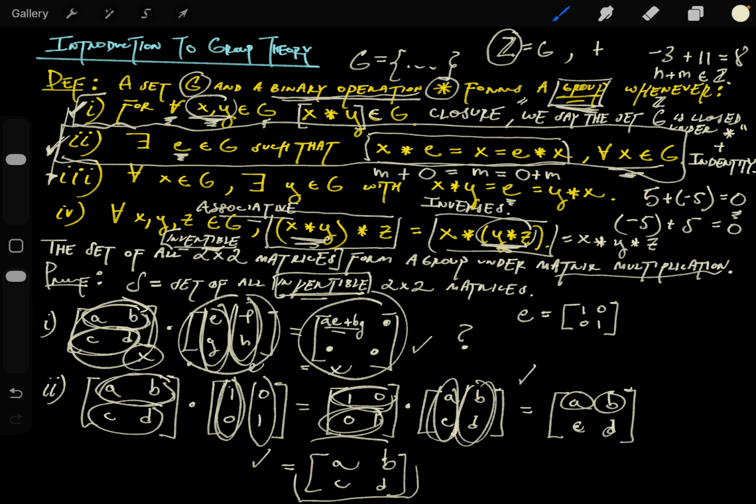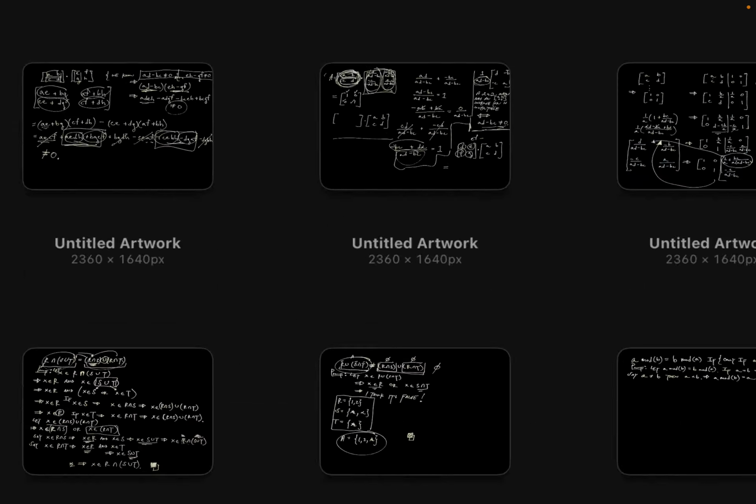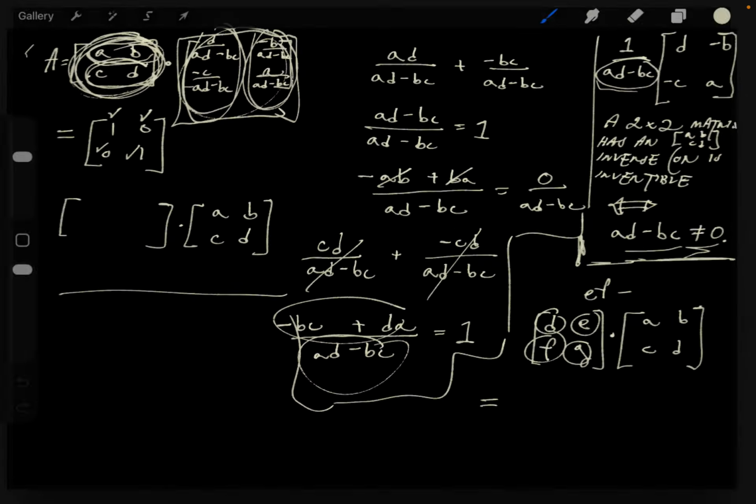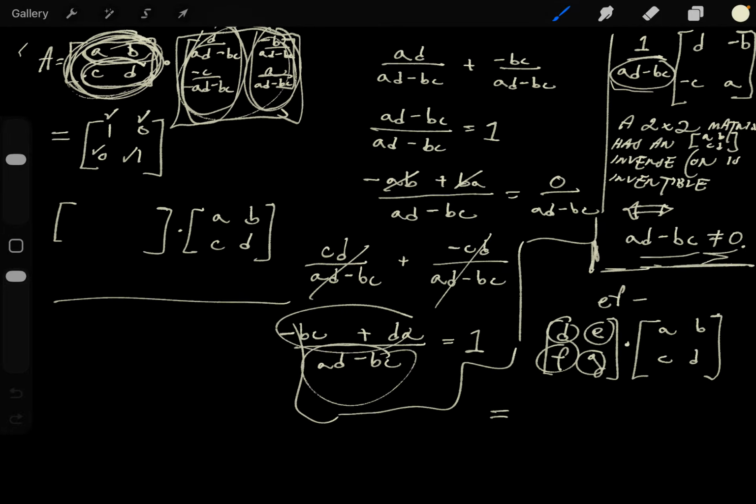And I did, because this doesn't equal 0 and this doesn't equal 0. And for the inverse, I computed the inverse of this matrix, and I got this here.